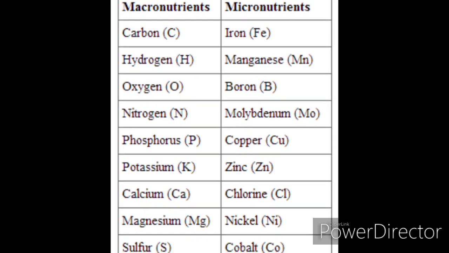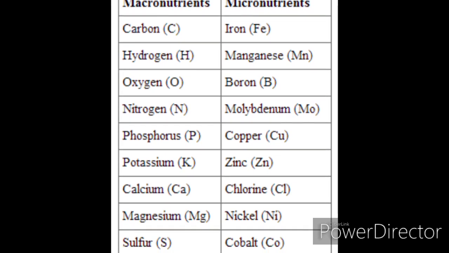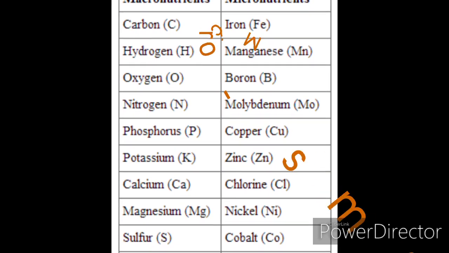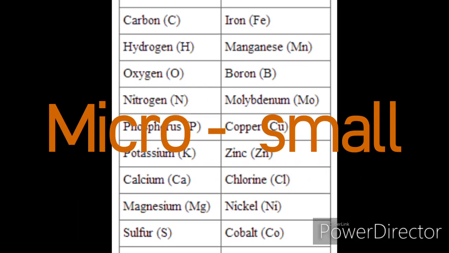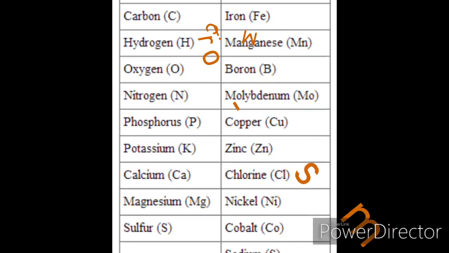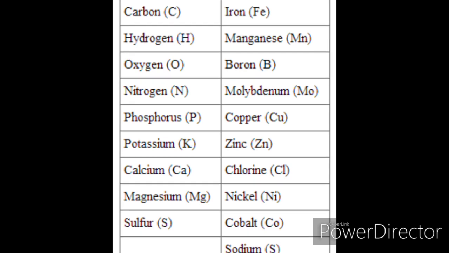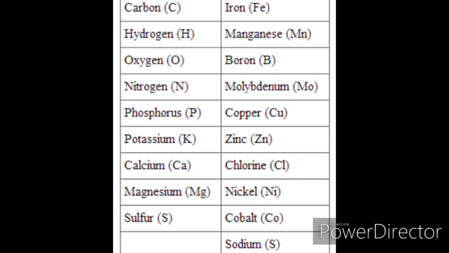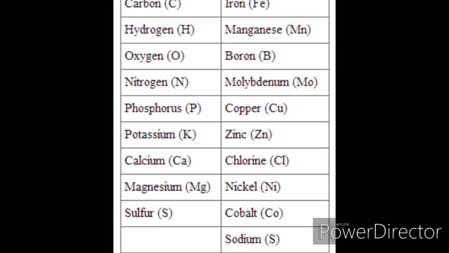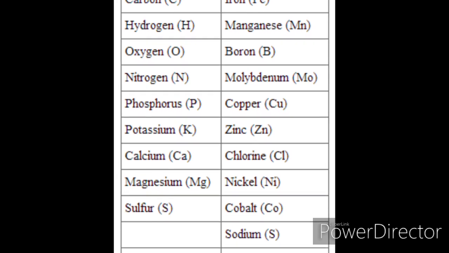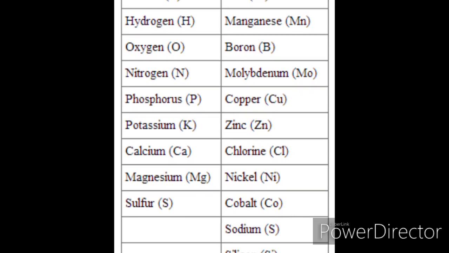These are all macronutrients. Potassium. Micronutrients are nutrients which are required in very small quantity by the plants, okay, like iron, manganese, copper, zinc, chlorine. Clear?